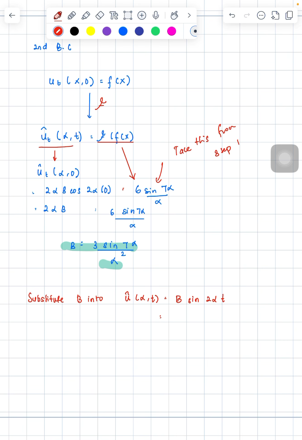So we substitute b, and it becomes 3 sine 7 alpha over alpha square sine 2 alpha t. So this is our u hat(alpha, t).